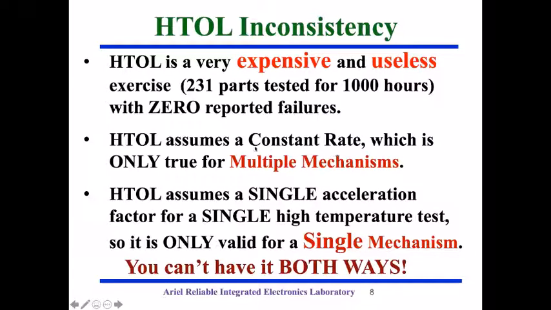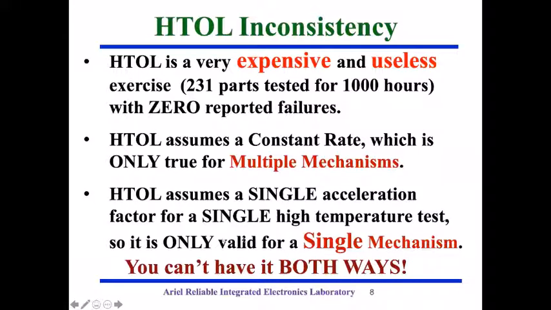And here's the problem, because you can only get a constant rate, we can show, if you have multiple failure mechanisms operating simultaneously. Well, there'll be interaction between them, and the failures in the end will become random, and they'll be Poisson distributed. However, the mathematics of HTOL assumes that there's only a single acceleration factor, which means only a single high temperature and, let's say, high voltage or high stress test is used to validate your devices.